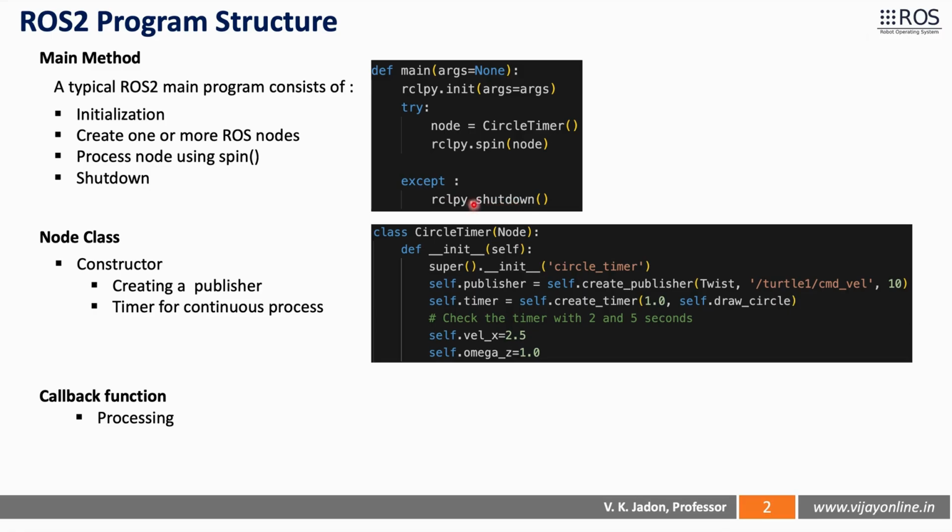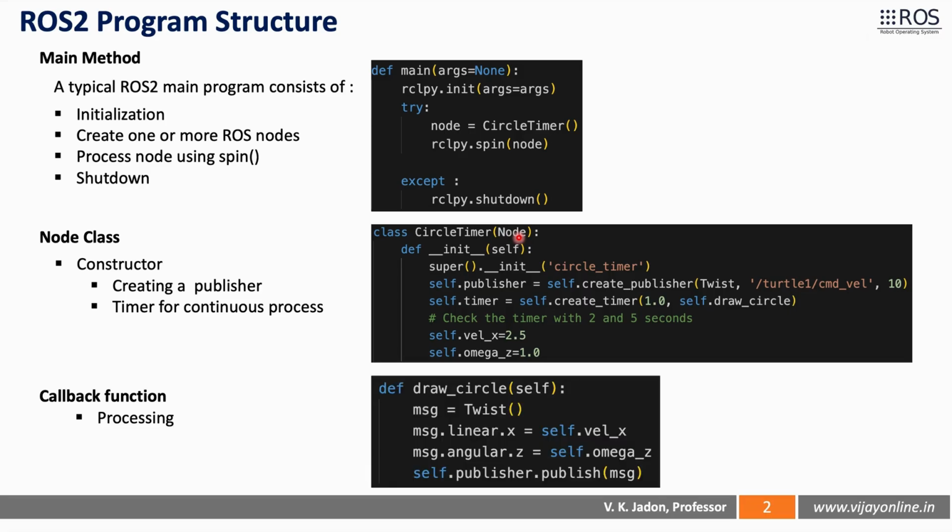In the node class, we have created here this node, circle timer. That's a subclass of the Node main class, and then super defines the name of the node. One publisher publishes the Twist message type on turtle1/cmd_vel, and this will be subscribed to by the TurtleSim node.